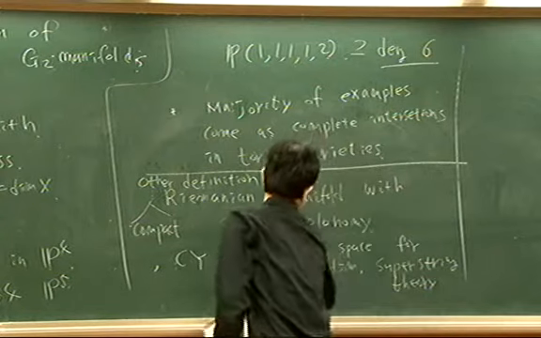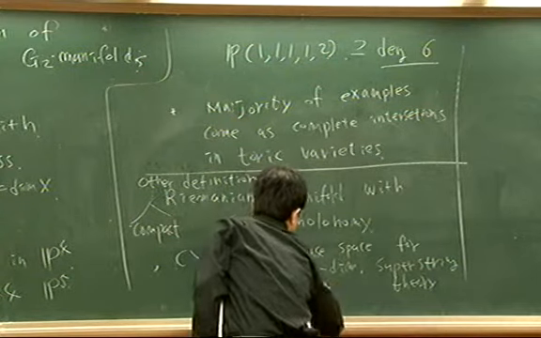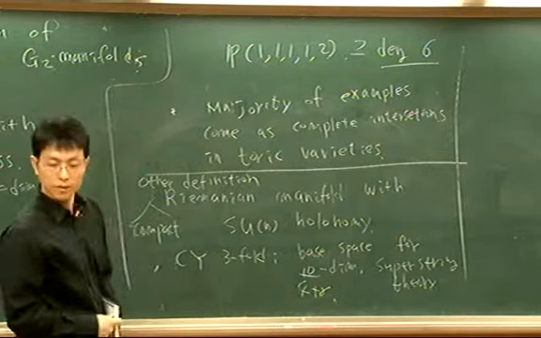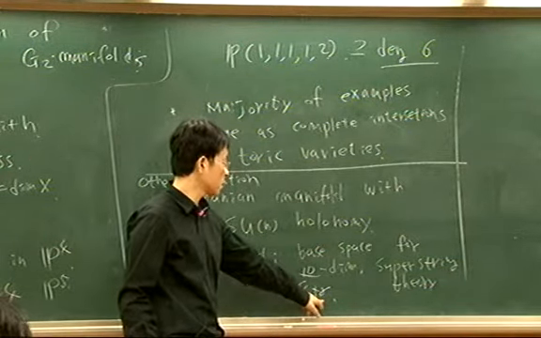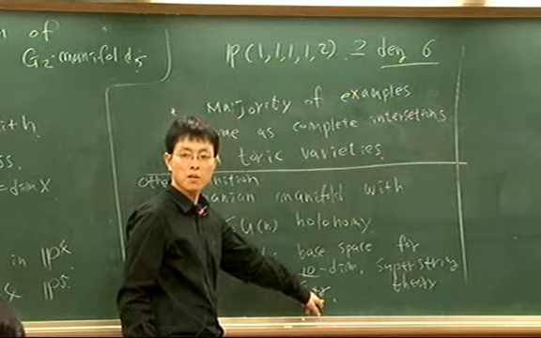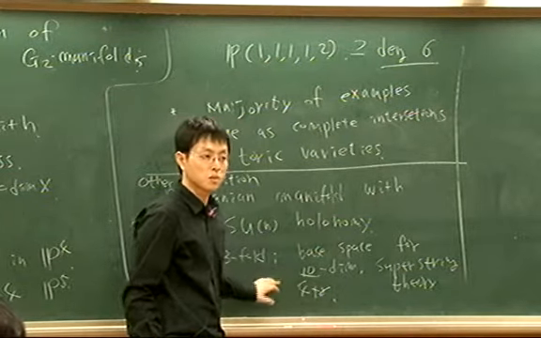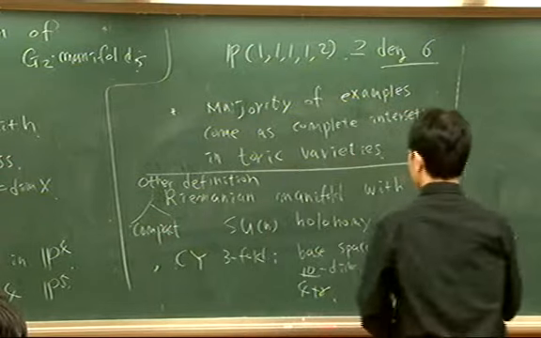So 10 is like 4 plus 6. In physics, 4 is space and time, and 6 is the real dimension of the Calabi-Yau. So in complex dimension, this is 3. So that's how they build it.